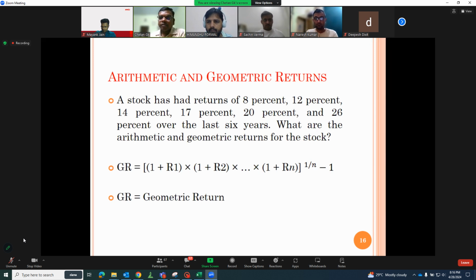Fine. Geometric return, I have given you an equation there. Okay, so I'll solve along with you. Okay, you keep solving it.